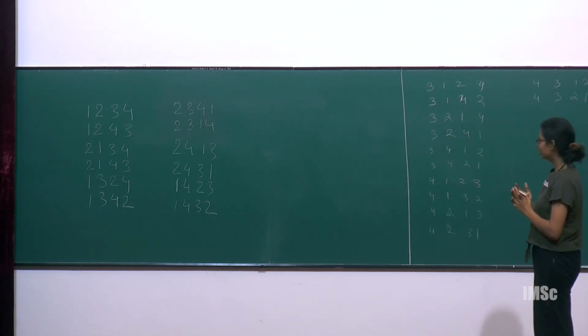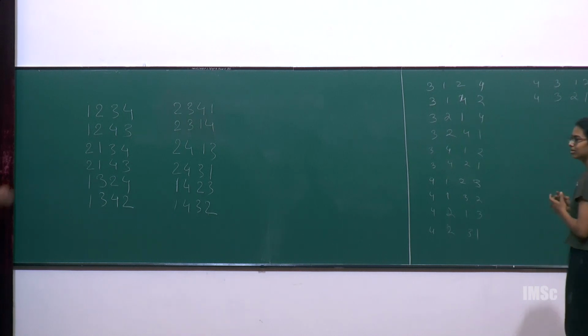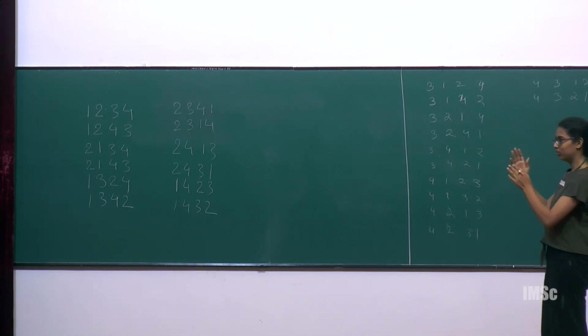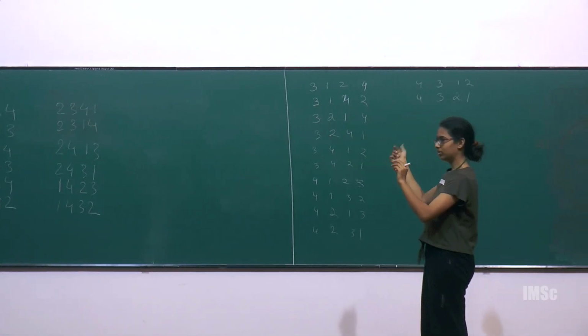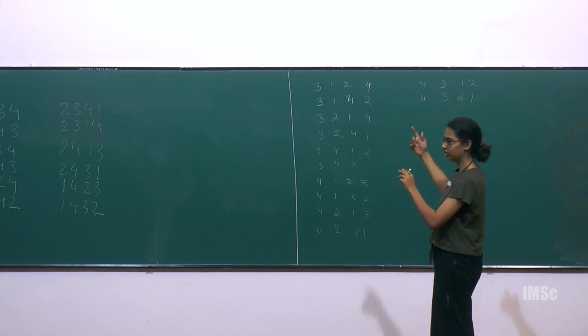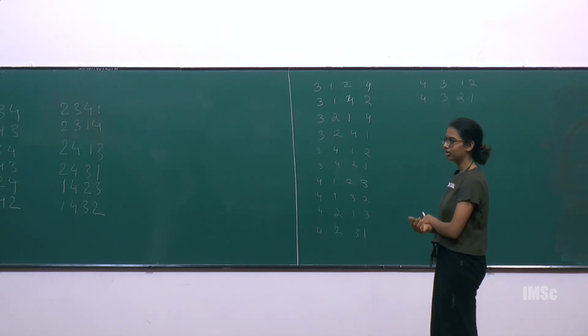You seem to have a certain method of listing them out, right? How have you enumerated? Why did you write them out in this order? Generally, you start with fixing one of them, and then you switch only the last two. Okay, then go to the next one and then same. Okay, wonderful.